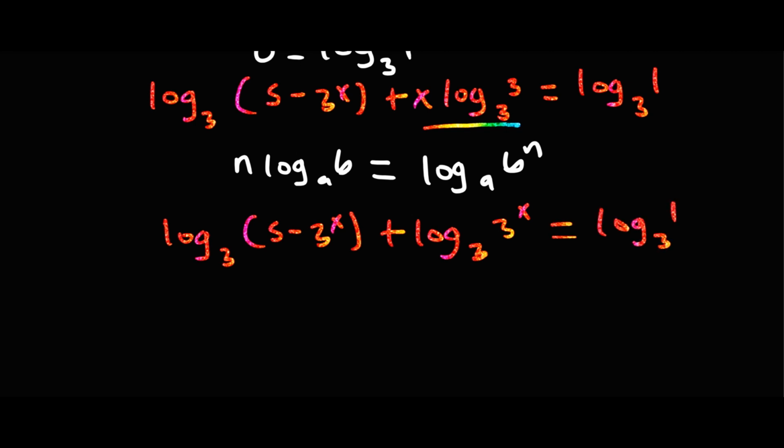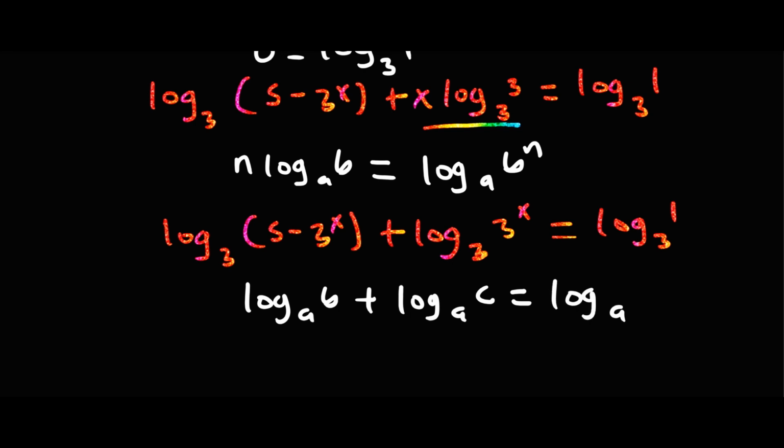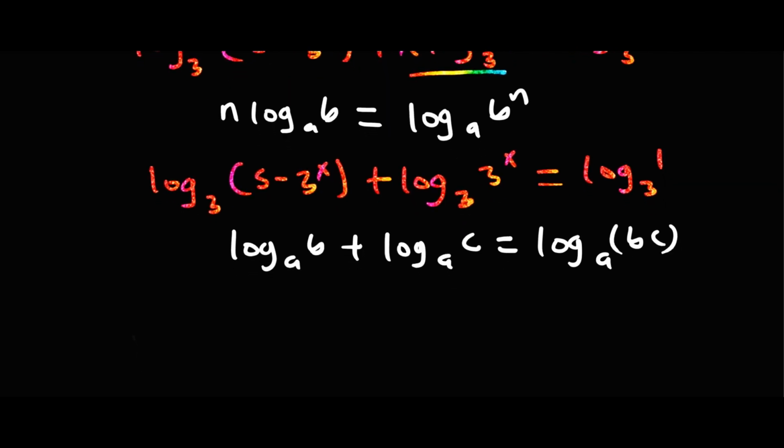So we can now combine the left-hand side of this equation using the first law of logarithms, which says that if you have log to base a of b plus log to base a of c, then that is the same as log to base a of b times c. So let us apply that and write our equation.